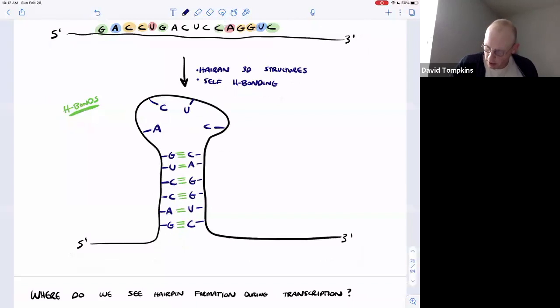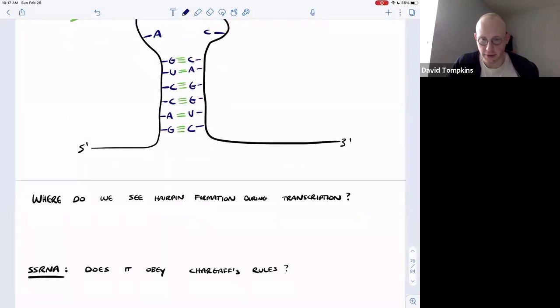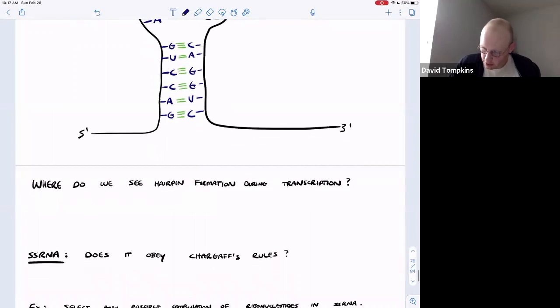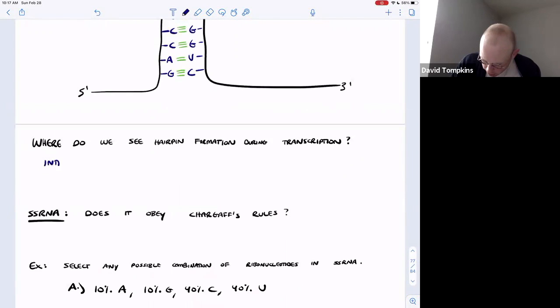And we often see this hairpin formation occur during what's known as intrinsic termination of transcription, or this is when the RNA polymerase enzyme is told to stop transcribing DNA into mRNA.